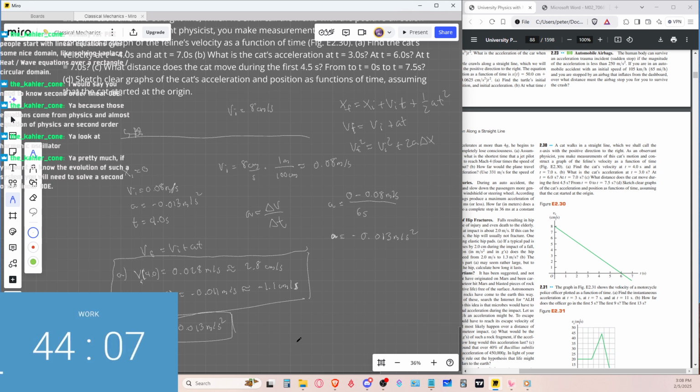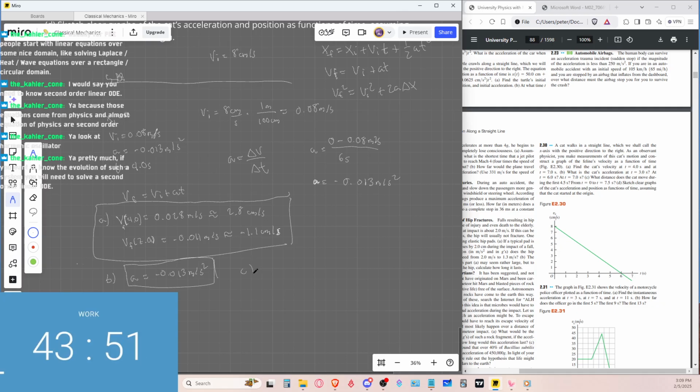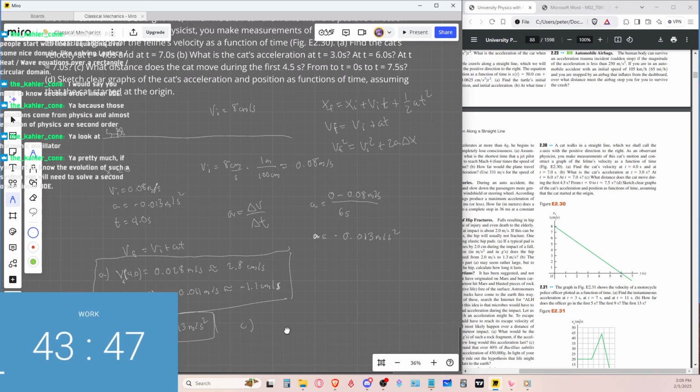What distance does the cat move during the first 4.5 seconds, from 0 to 7.5 seconds, and then D, scratch the graph. We already have everything we need to solve that.